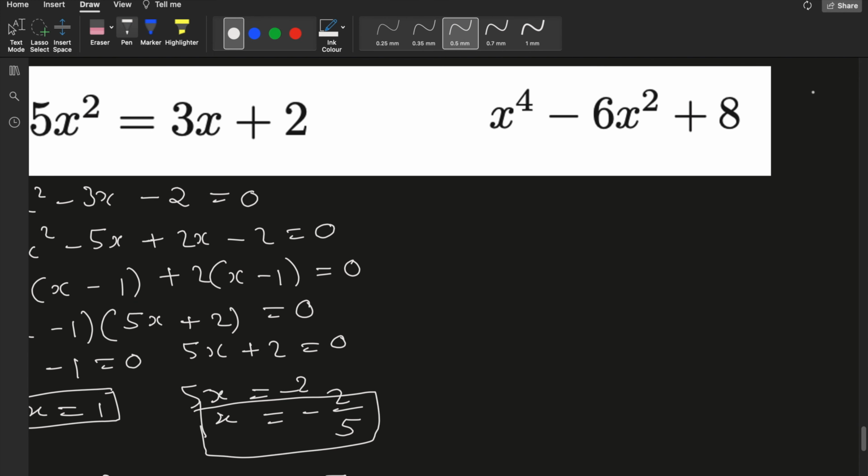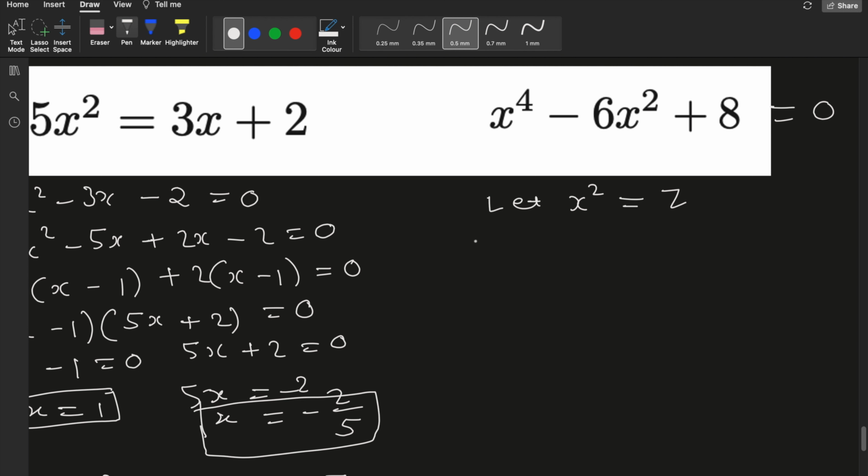And now let's equate this to 0. Let the equation be this equals to 0. So in this case, you cannot directly solve it. We have to make a substitution. So let x squared equal z. This is done to make sure that we get a quadratic equation instead of one with degree 4.